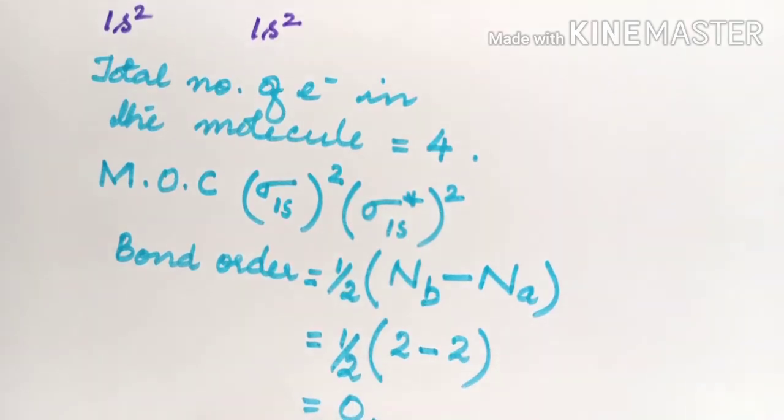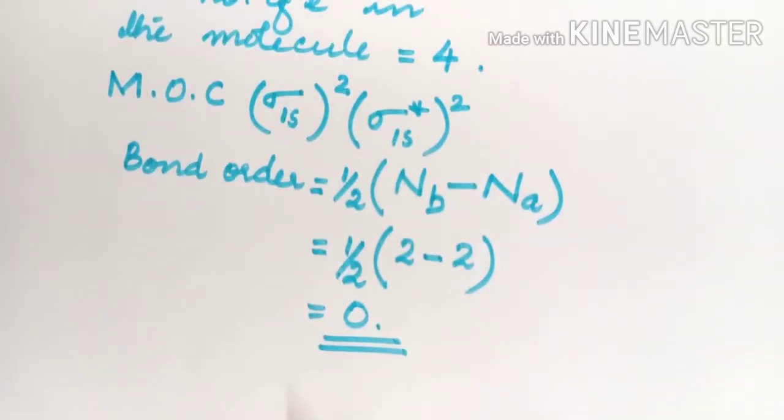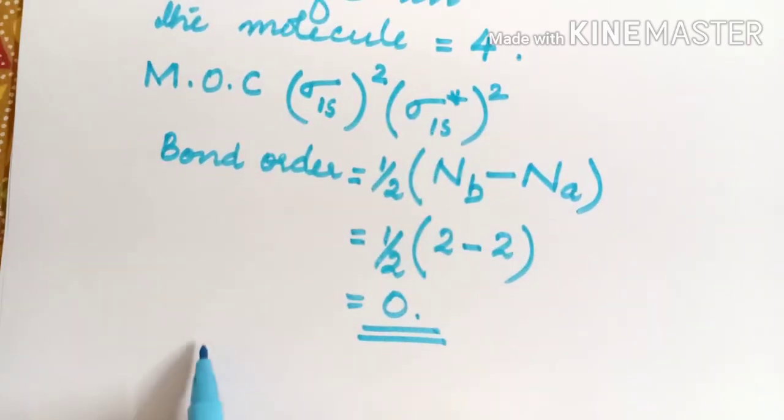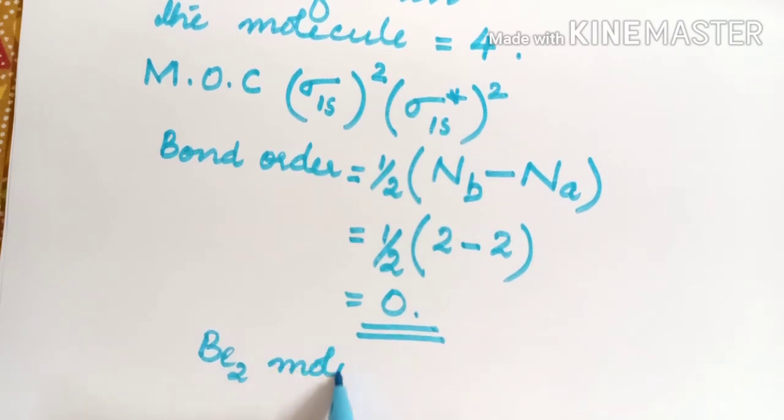That means their bond order is 0, or you say that there is no bond existing between the atoms. That means the beryllium molecule doesn't exist.